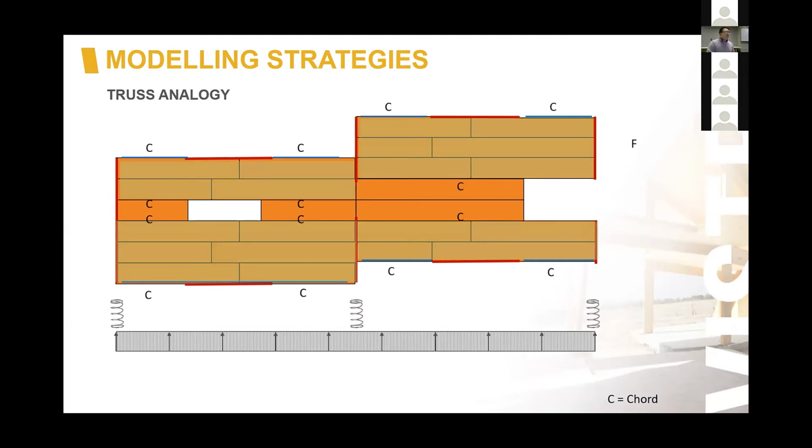You define where your chords are going to be, and then you outline where your truss is going to be. You can then resolve your forces inside your truss members, and you can resolve those forces across the joint. A word of caution with these sort of systems is trying to calibrate your system so the truss that you're nominating somewhat reflects the stiffness that you're likely to see out of your CLT floor.